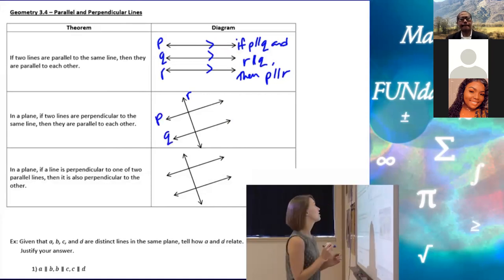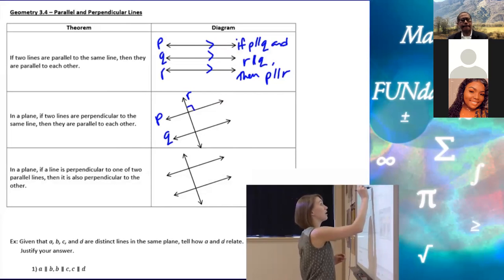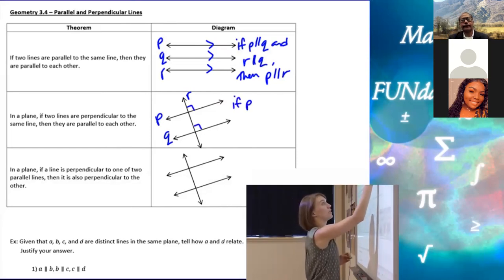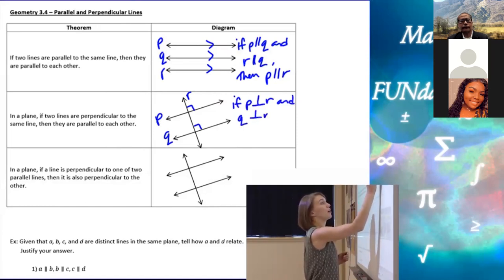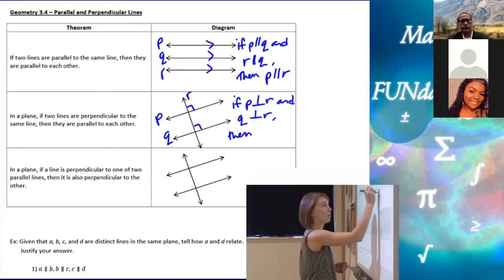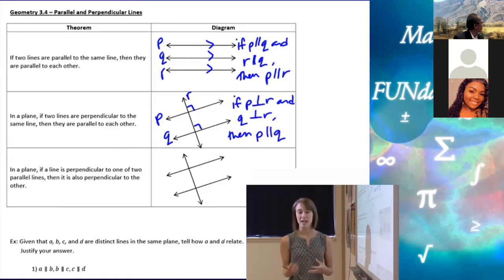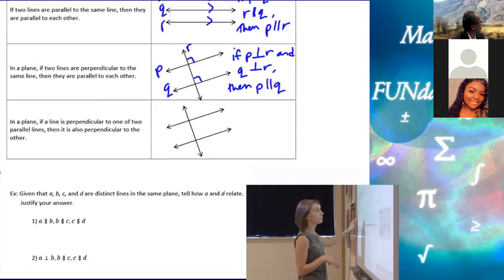If P is perpendicular to R, and Q is perpendicular to R, then we know that P has to be parallel to Q. If we draw these diagrams carefully, these theorems, even though they look long and lengthy and you have to explain them in the proof, they're not that bad. They're pretty self-explanatory when you have a good diagram.